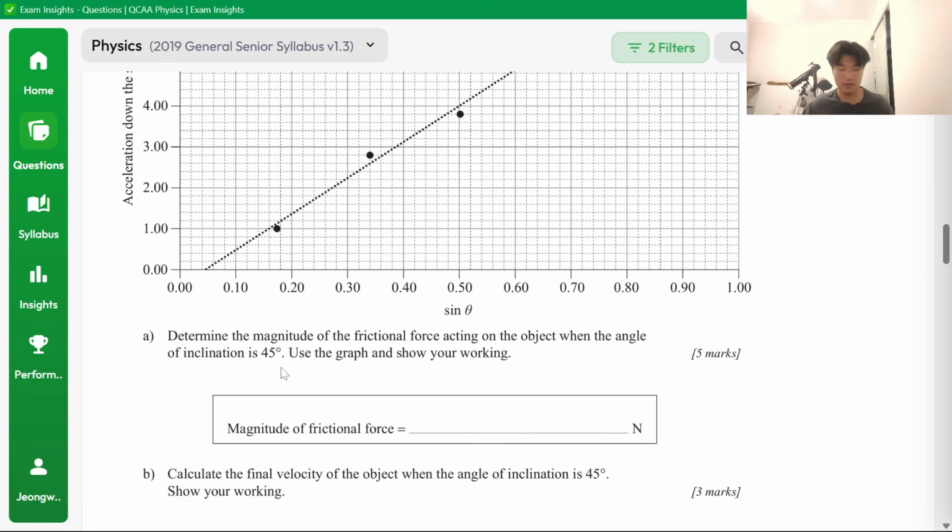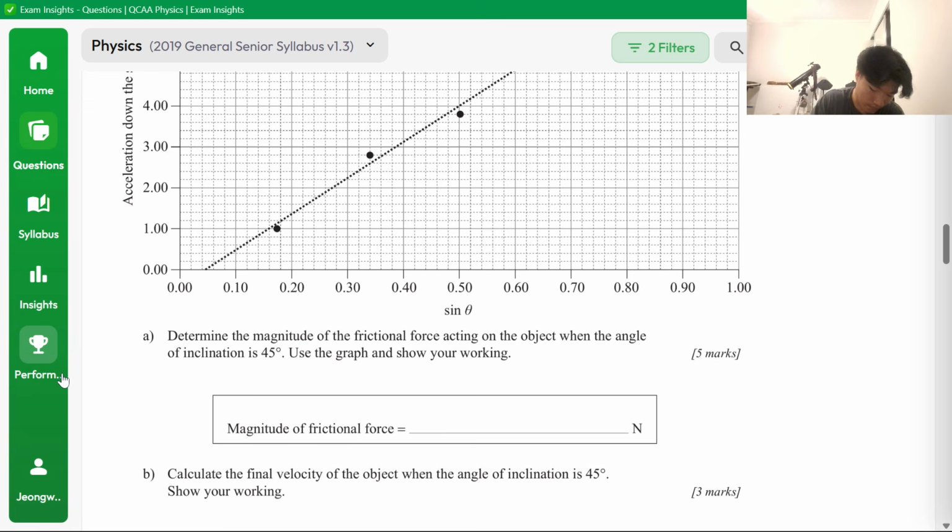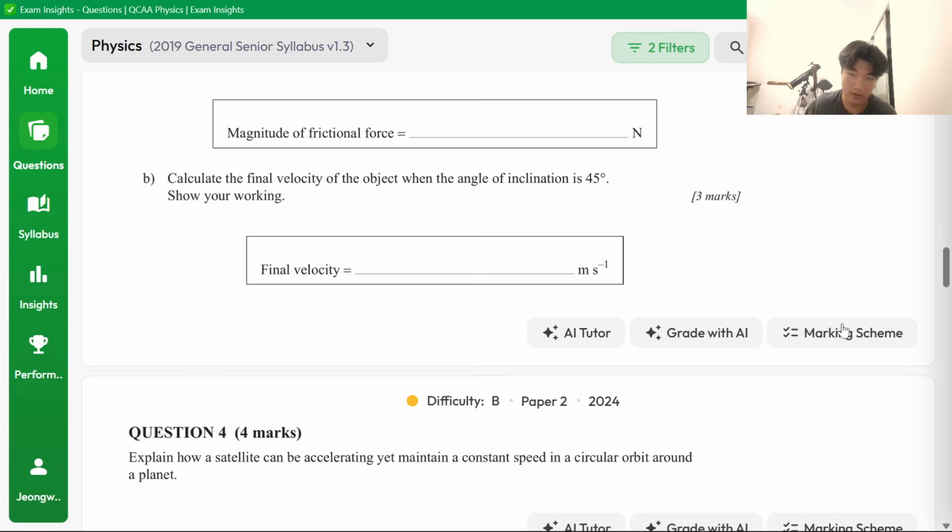So instead of writing 0.05, I'm going to write 0.051 in case they're asking for two significant figures.